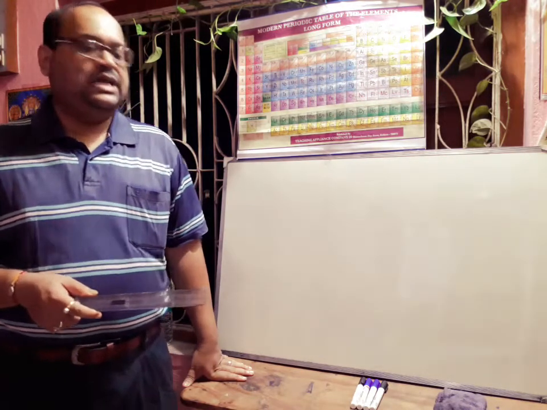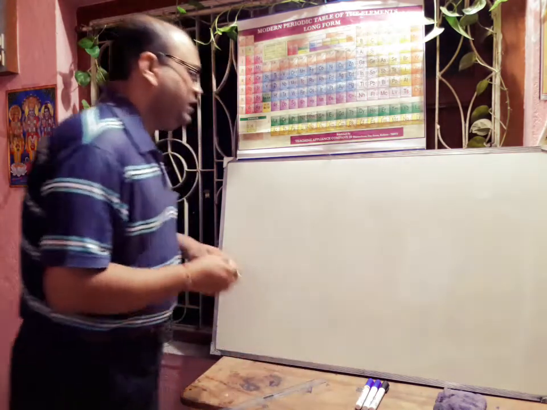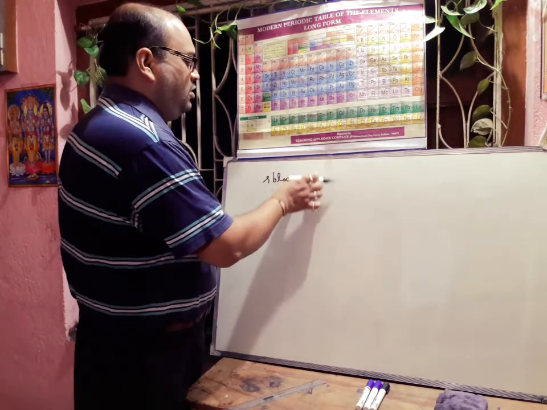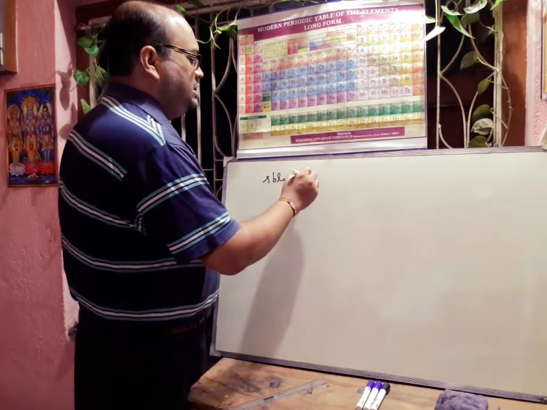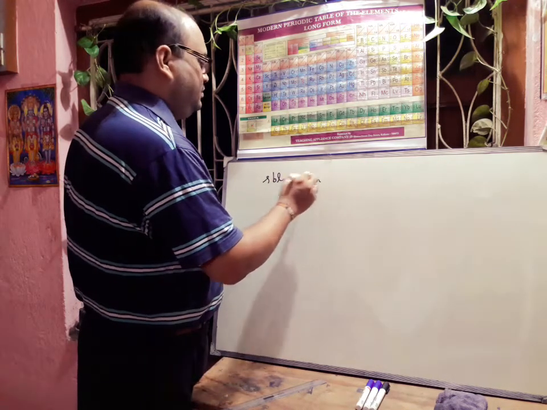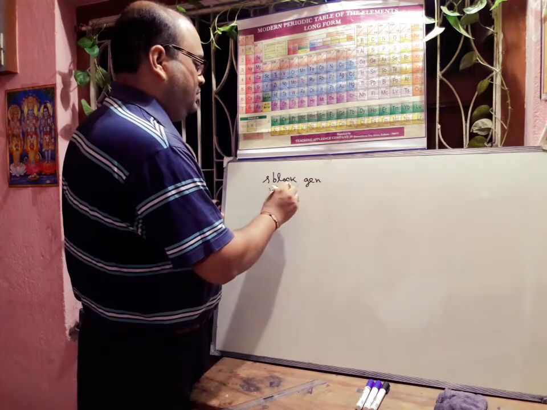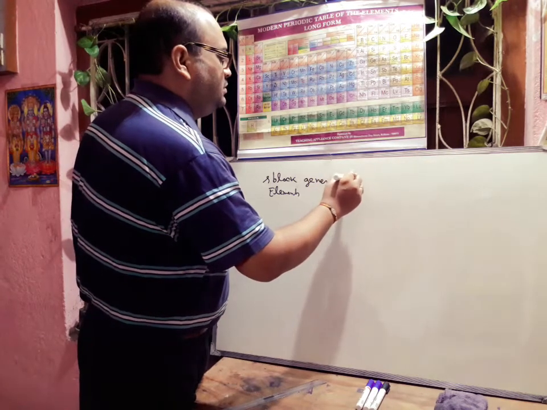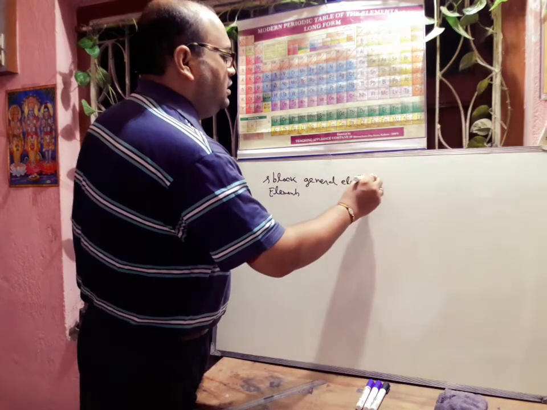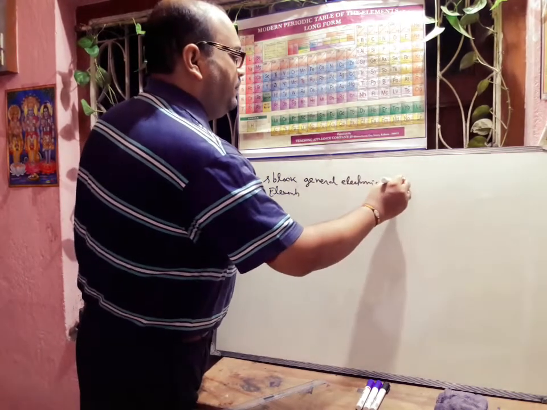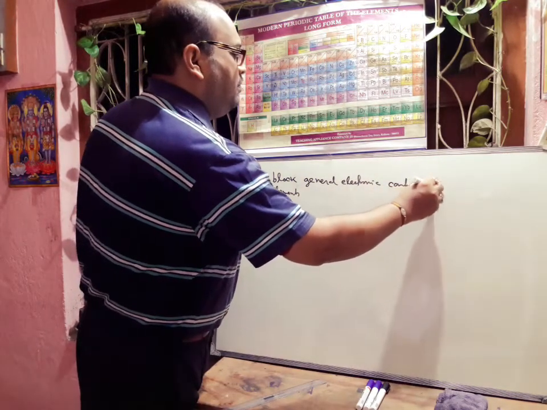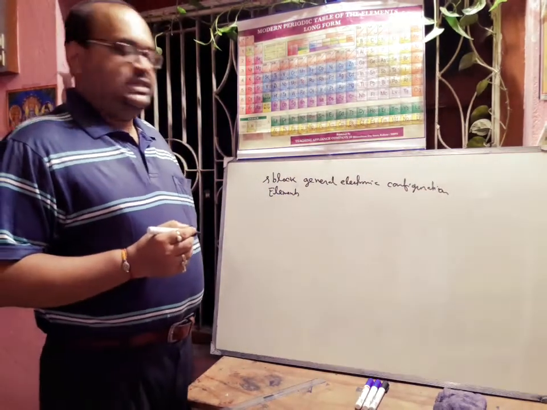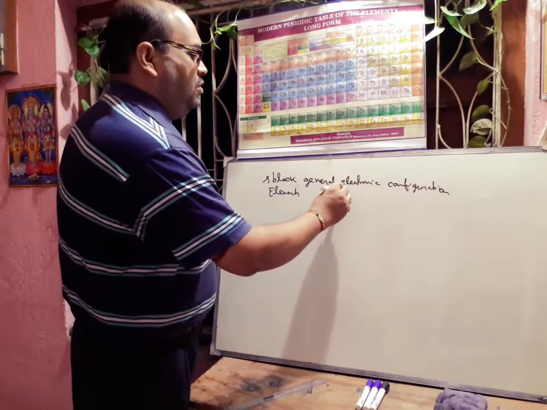And what will be the general electronic configuration for s block elements? So for s block elements, the general electronic configuration will be ns1 to 2.